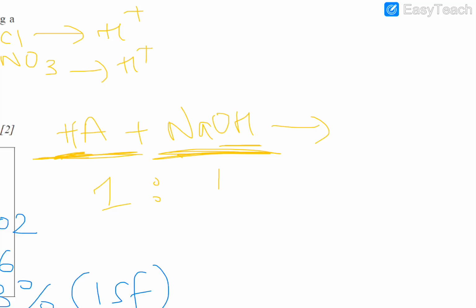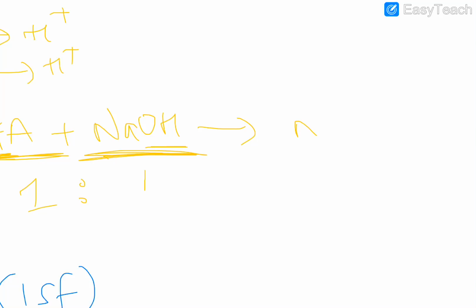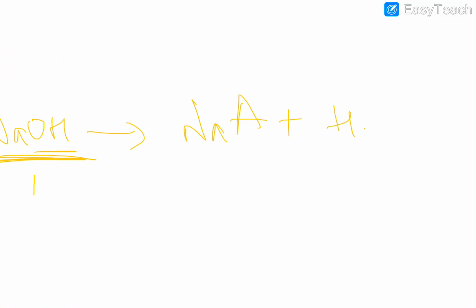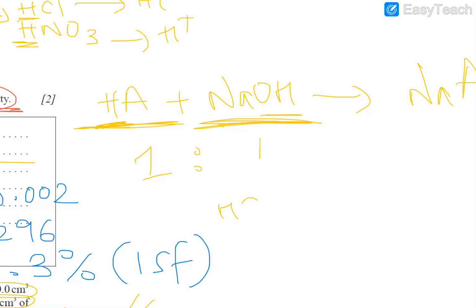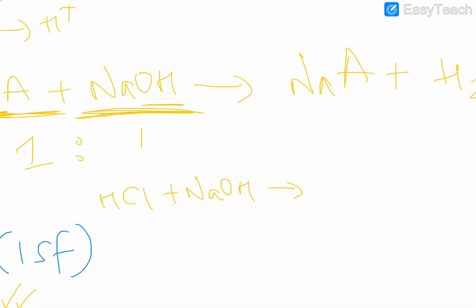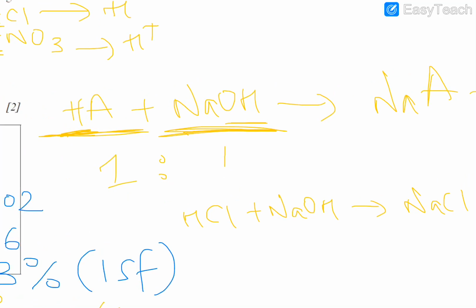So you'll have NaA plus H2O. Just like you would have, let's say you'd have HCl plus NaOH, you'd have NaCl plus H2O. So it's the same thing.